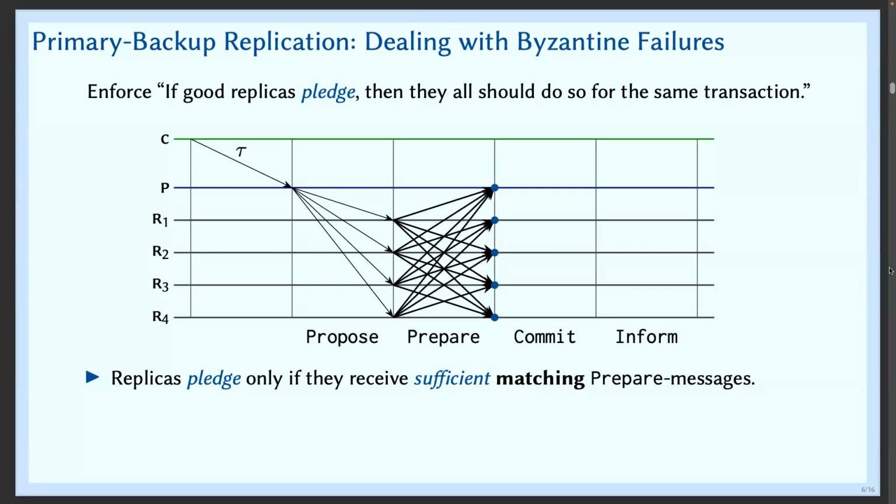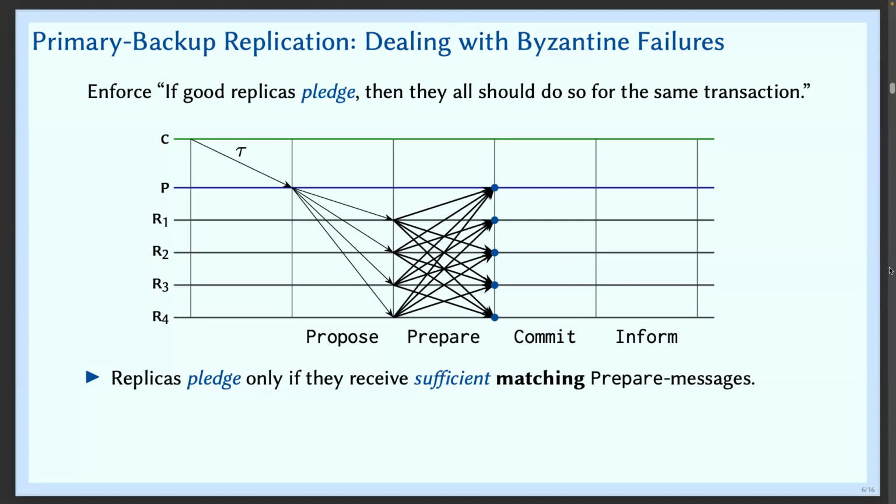So if we find that there are not 2F plus 1 same messages, can we just say the primary is faulty? No, not exactly. I could have been the primary and sent message A to everyone. But the most we can expect to get is 2F plus 1 because F replicas are faulty and they said, no, I got something else, even though I didn't lie.